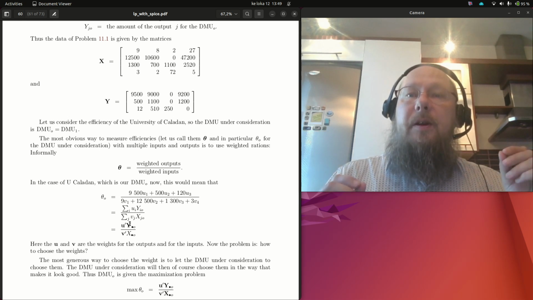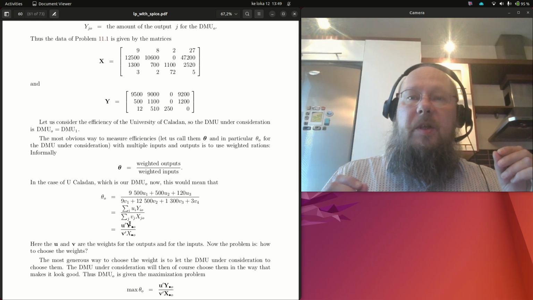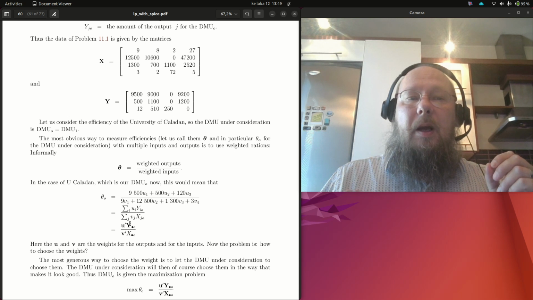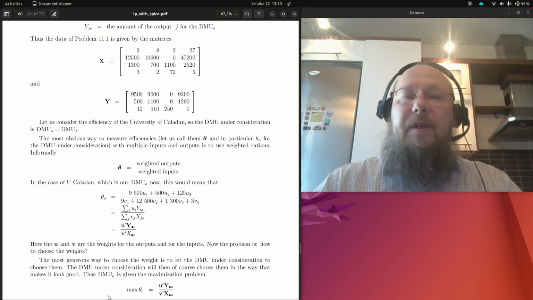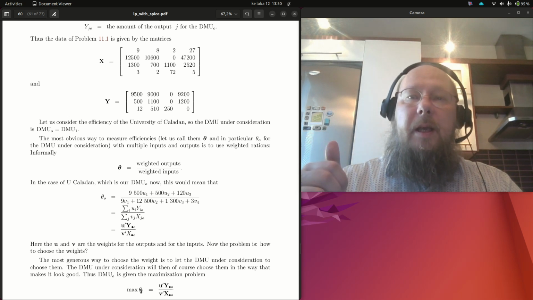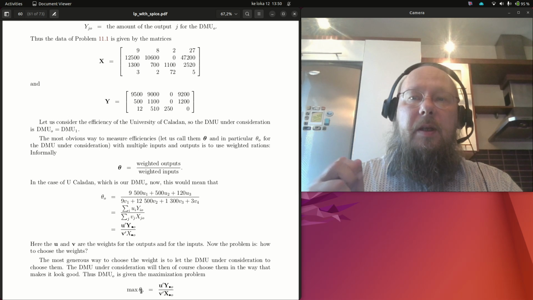These are decision variables, so that the decision-making units, that is our universities, want to fix the weights so that they look as good as possible. And this means they want to maximize their efficiency number theta. So each DMU O has a maximization problem, for each university. They want to maximize the weighted outputs divided by weighted inputs.